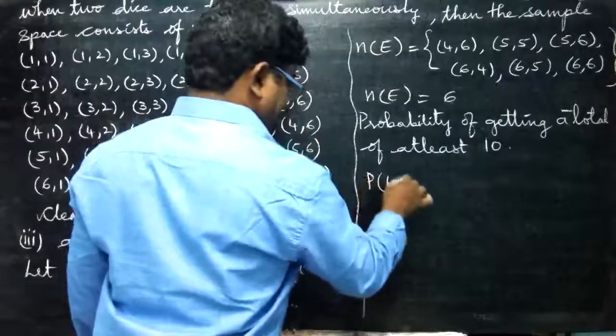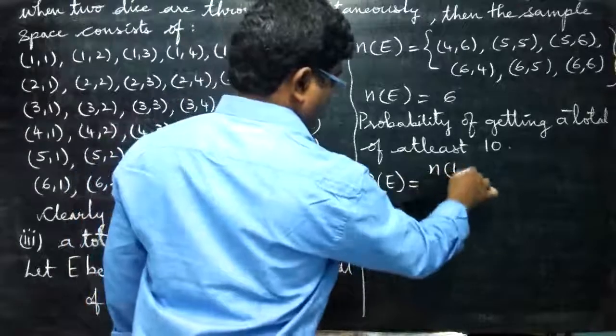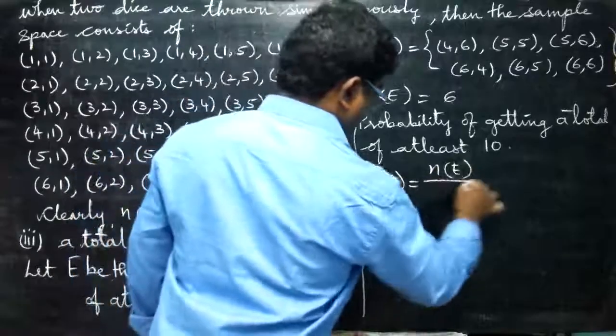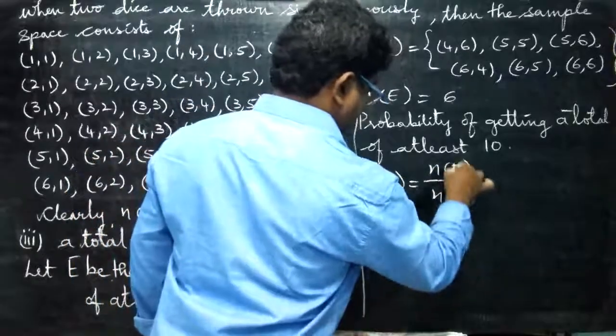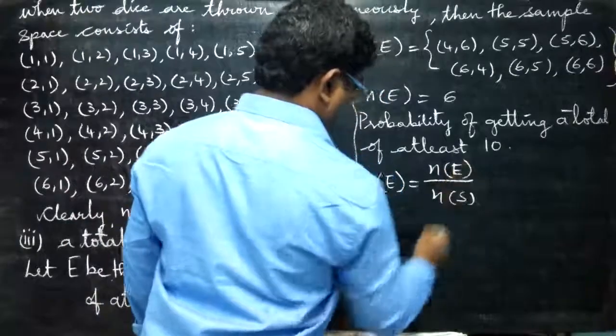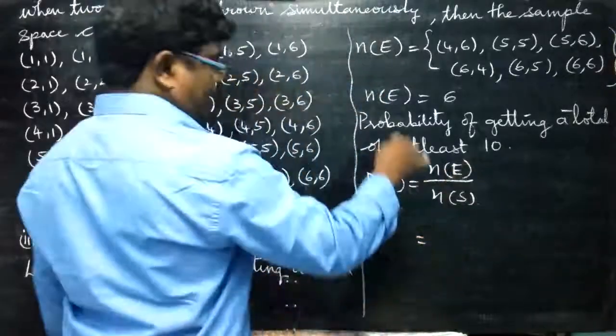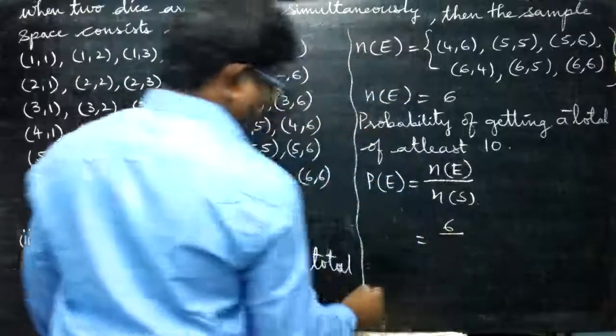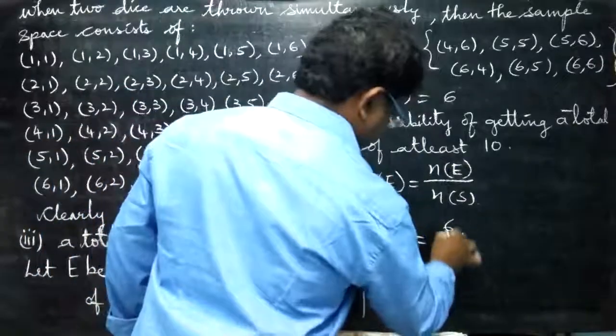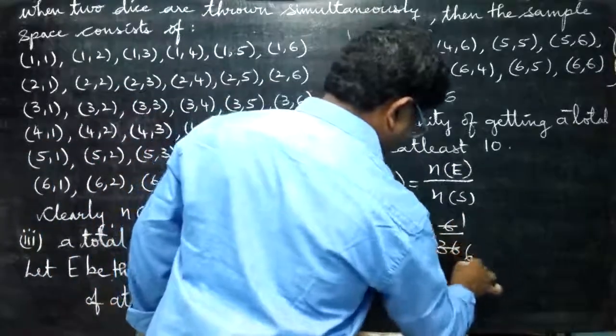P of E is equal to N of E by N of S, that is equal to N of E 6 we got, N of S is 36. 6 ones are 6, 6 sixes are 36.